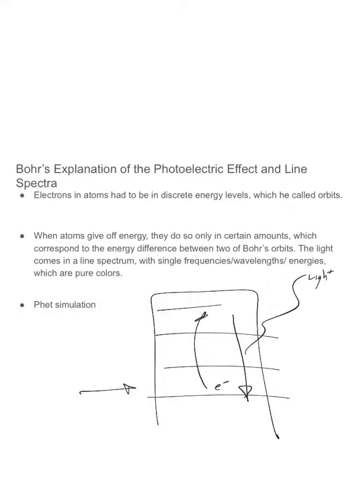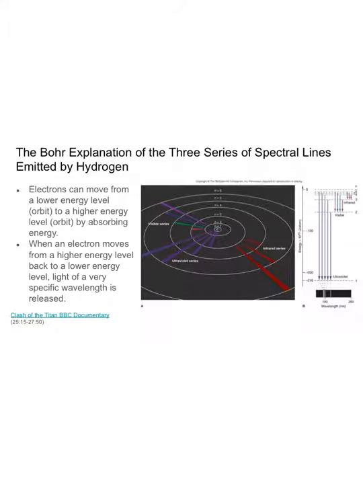He just basically said, this is what happens, and this is how he tried to explain it. So this picture here is an effort by Bohr to try to describe how that works.